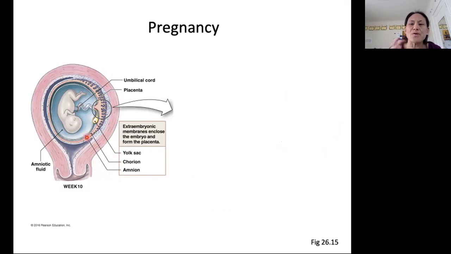And together, those make up the placenta. Okay, so the placenta is basically the interface with the mother. So we have the placenta interfacing with the inside of the uterine wall of the mother here. Okay, and the embryo is going to exchange materials with the placenta, or not really exchange, but transport materials back and forth to the placenta via the umbilical cord.